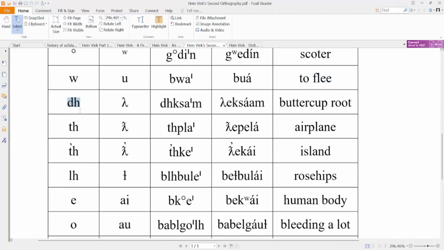Next we have DH in Hein Vink 2, which is represented now with a lambda symbol. So this is tliksam.